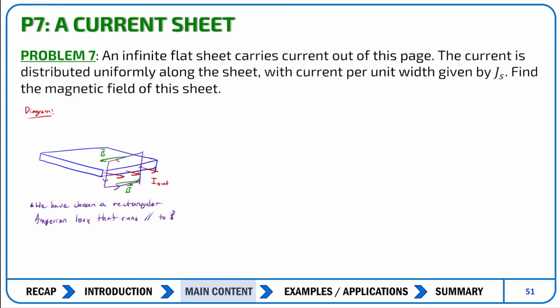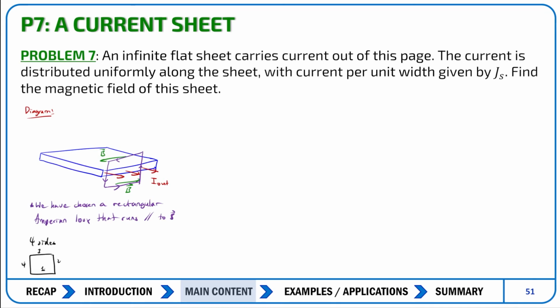If we use a rectangular path, it's going to be 4 sides. So with the 4 sides, we have 1, 2, 3, 4. Which ones are going to count?